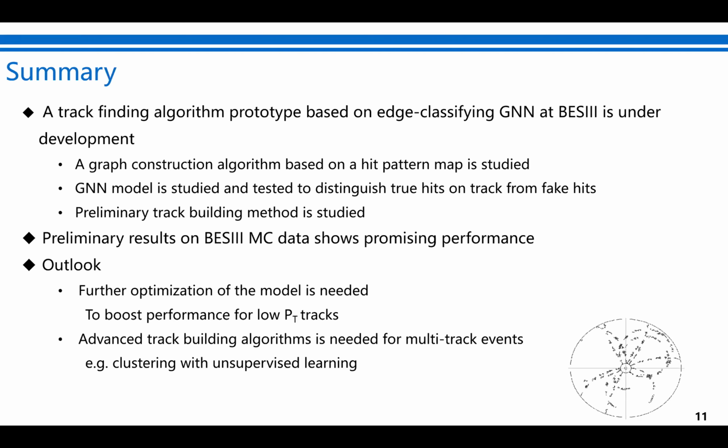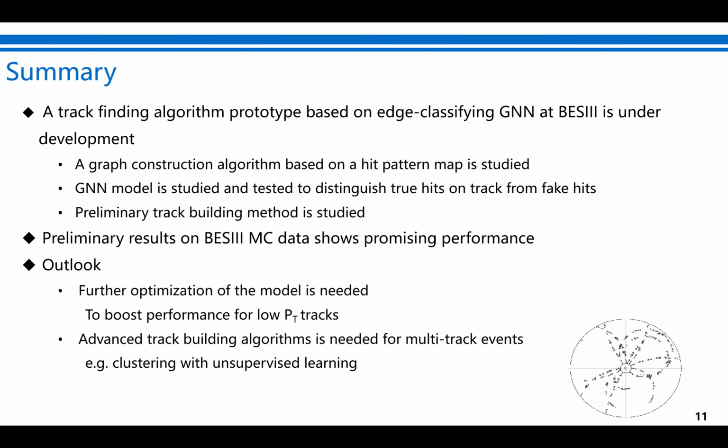Yeah, the idea is just to mimic the real situation of the data, also to test our track building algorithm to see if that's efficient. That's the reason why we use the real data collected from the BESIII detector. The main reason is to test our track building algorithm to see if it's efficient.